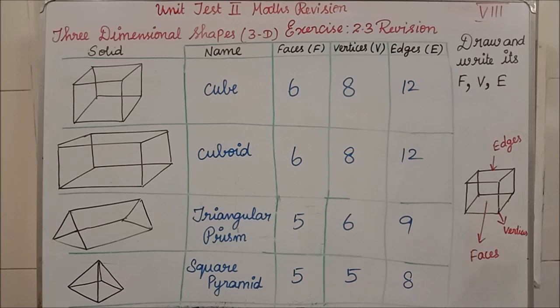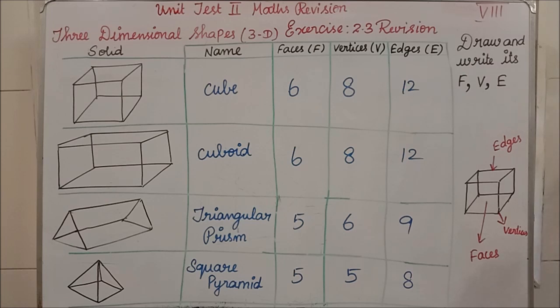Now we will learn about the face, vertices and edges. First I am going to explain the edge. I have drawn a cube here. Edge means a line segment between two faces.